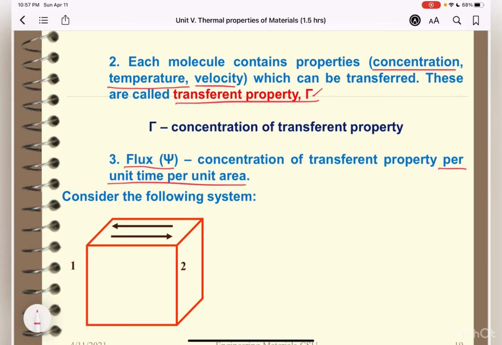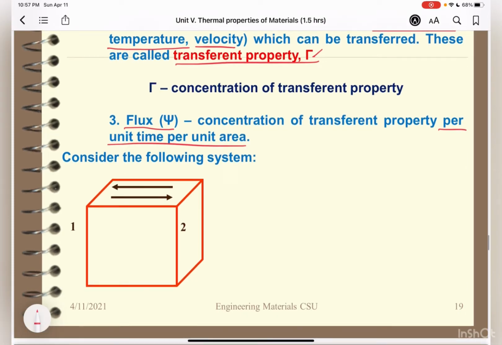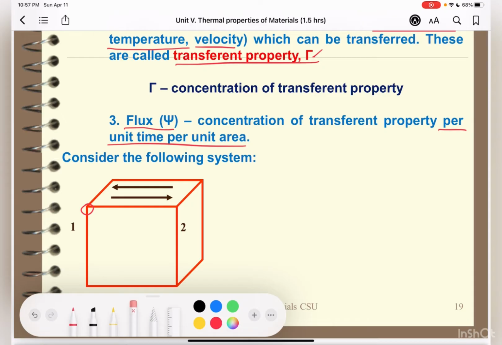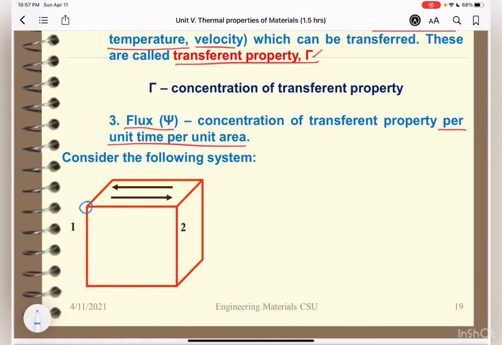Okay, let's consider the following system. Assuming I have here molecules traveling, so we have molecule 1, and then these are some of the different molecules.